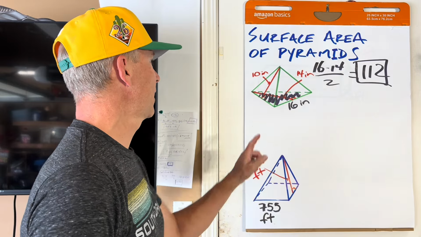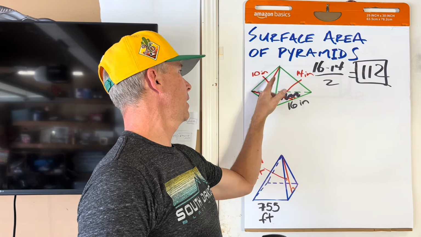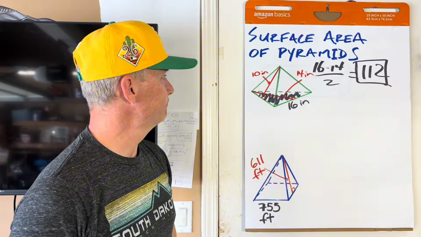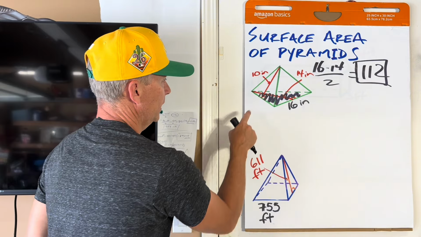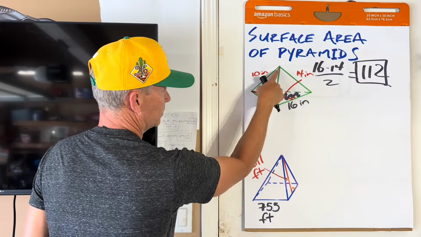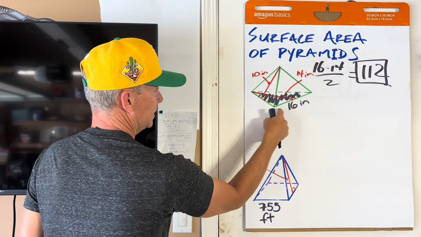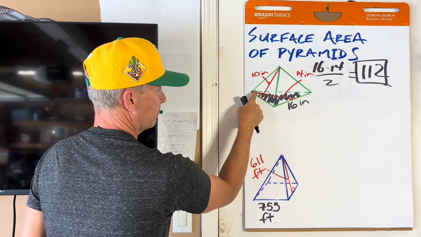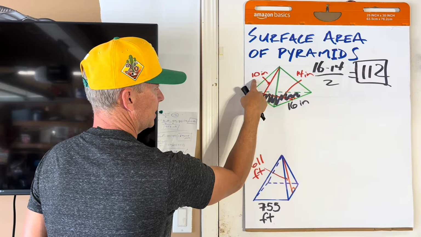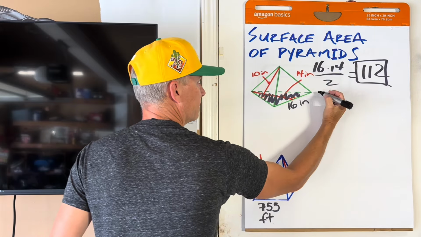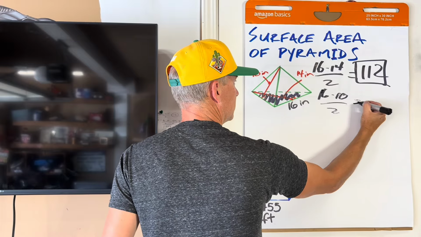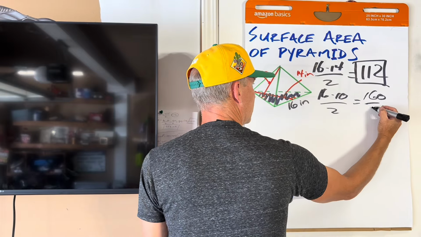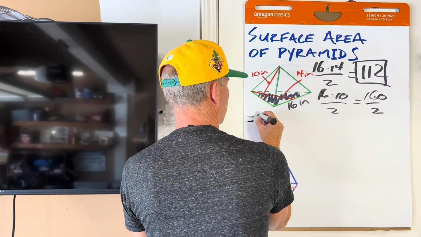Now we just need to find the area of one side face, and then multiply it by 3. Again, that's 16. We know the height's 10. So 16 times 10 divided by 2 is 160 divided by 2, which equals 80.